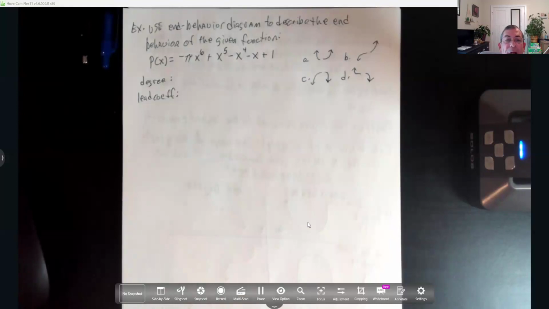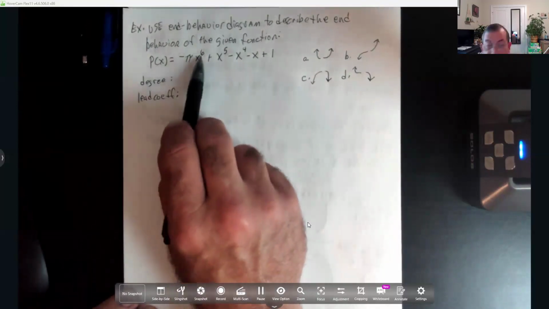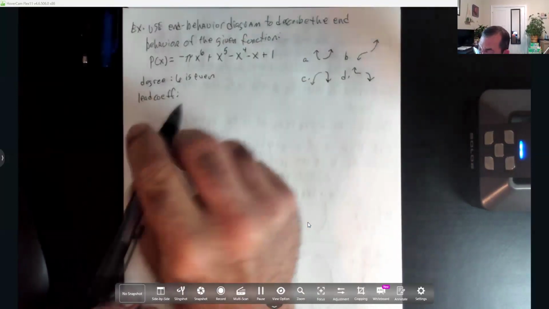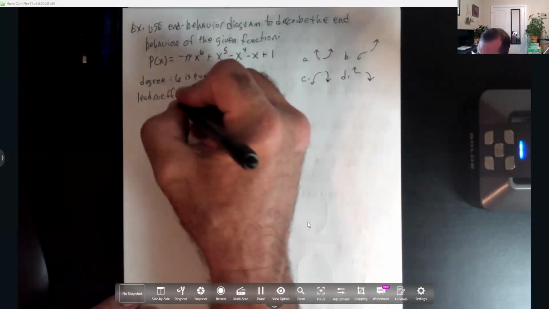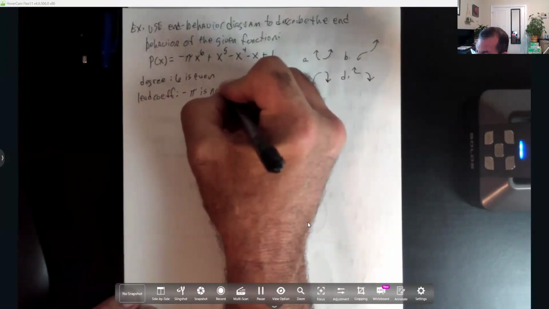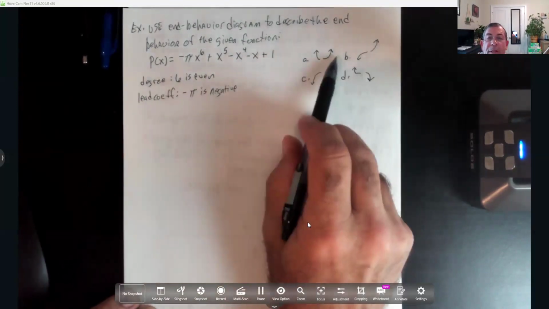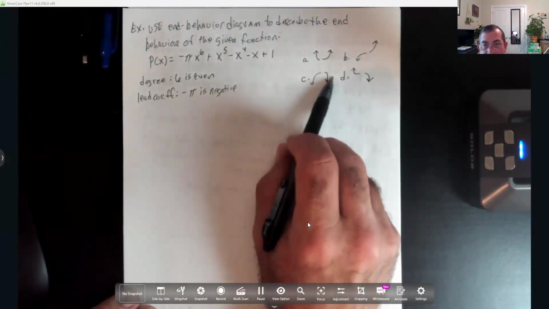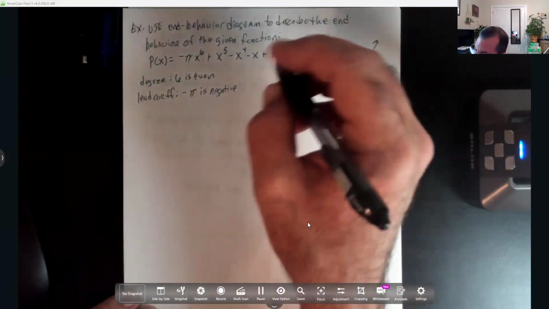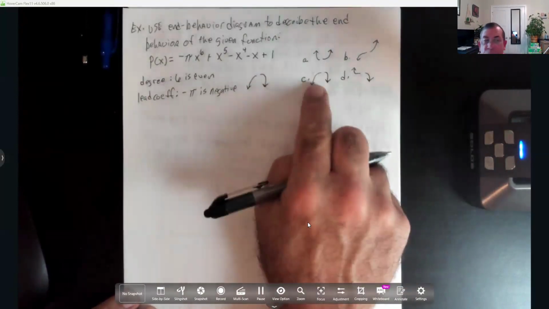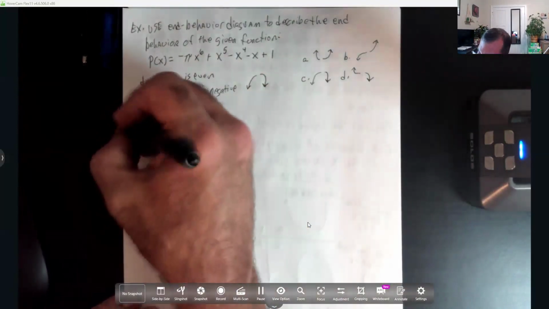I'm getting a C on there, so looks like you're doing good. Our degree is 6, which is even. Our lead coefficient is negative pi, which is negative. We said if it was an even degree with a negative lead coefficient, both sides would go down. So this one, we would choose C.